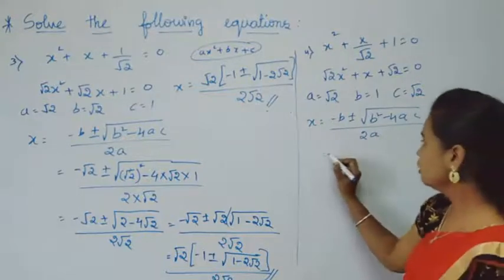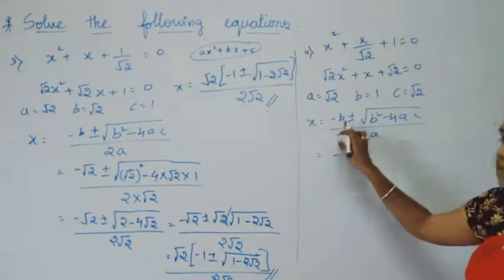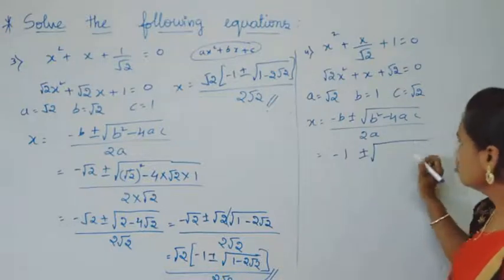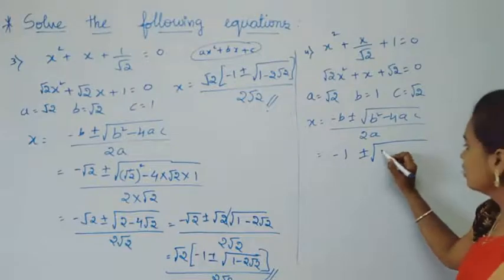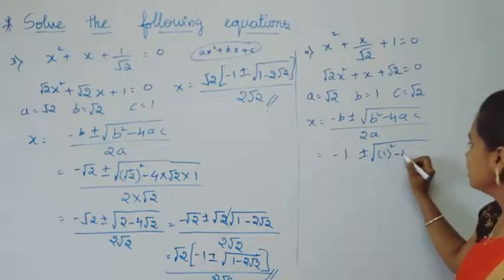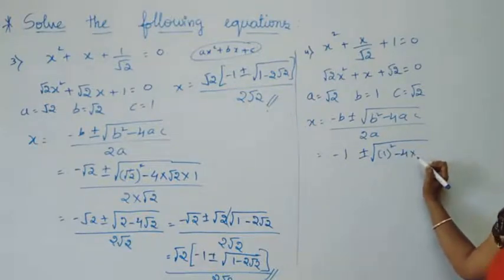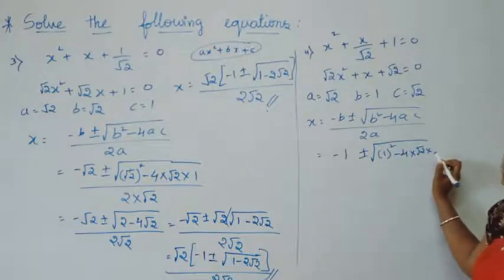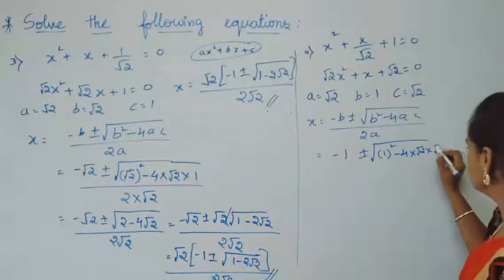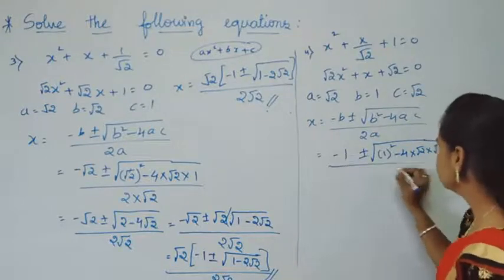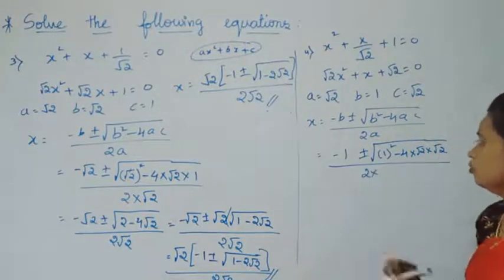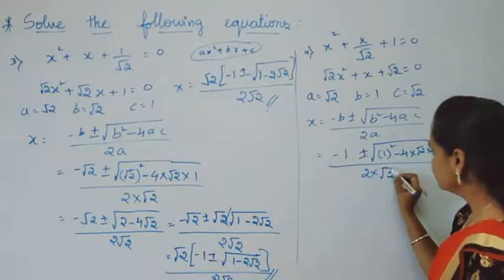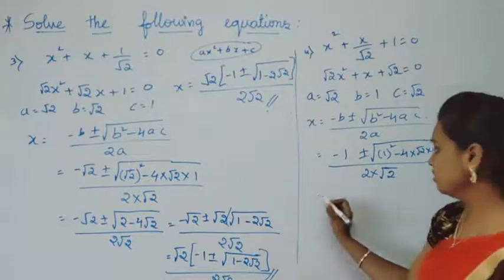That is equal to minus b, b is 1, plus or minus square root of b square, b is 1, that is 1 square, minus 4 into a into c. What is a? Root 2. c is also root 2. Divide by 2 into a, a means root 2. Okay, now simplify this one.